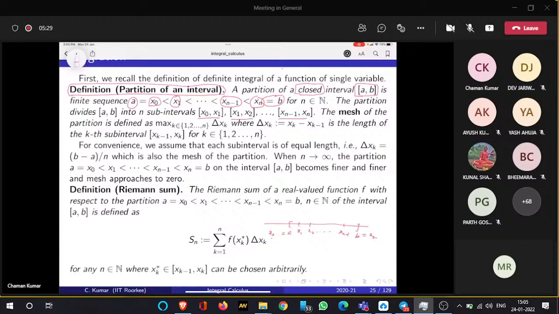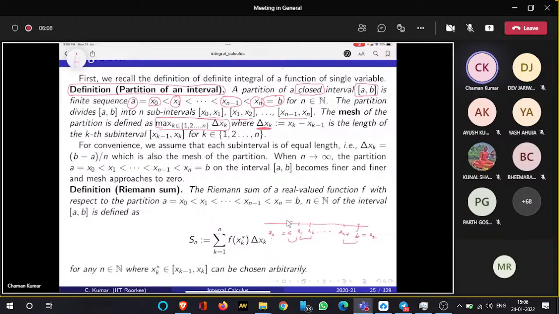Which means that after picking the points x naught, x1, and so on to xn minus 1 and xn, you identify the length of each of the subintervals. The length of the first interval will be x1 minus x naught. The length of the second interval will be x2 minus x1. And the length of the nth interval will be xn minus xn minus 1. We denote these lengths, for the kth interval, by delta k. So delta k is xk minus xk minus 1.